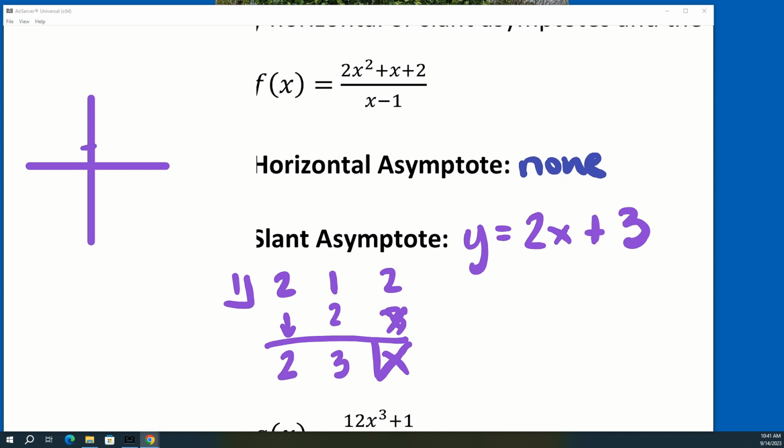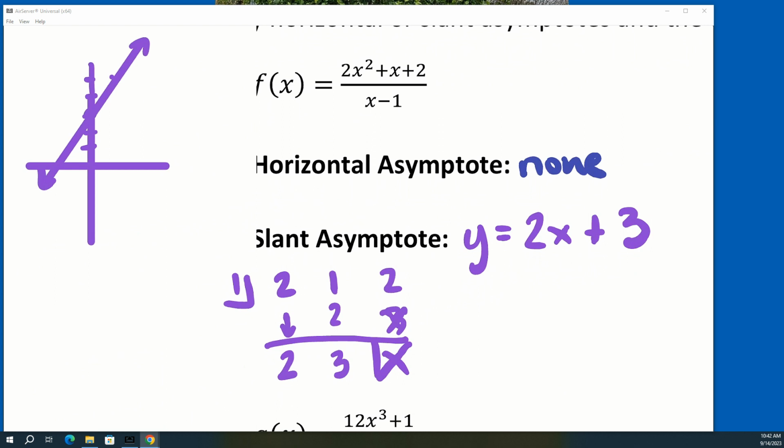So you go to 3 on the y-axis, and then the slope is 2, so you go up 2 over 1. This is pretty much what the graph is going to look like, and the graph of the rational function is going to follow that same pattern as you go out.